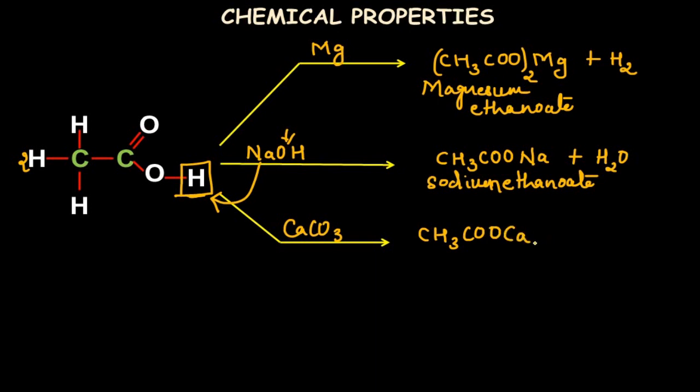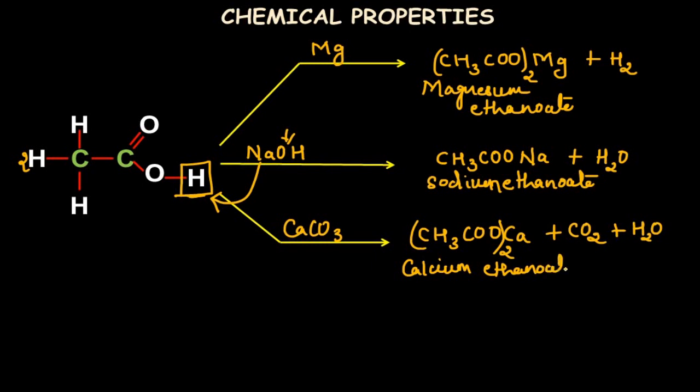Here the metal is calcium, so we'll write calcium ethanoate, but again the formula will get a 2 because of the valency of calcium, which is 2, and the byproducts will be carbon dioxide and water. This is how the reaction proceeds, producing calcium ethanoate as the salt.